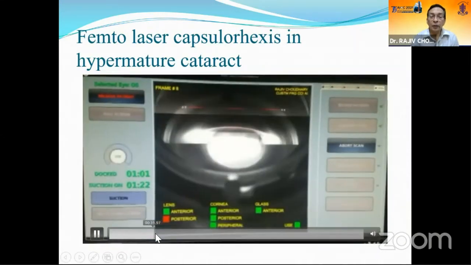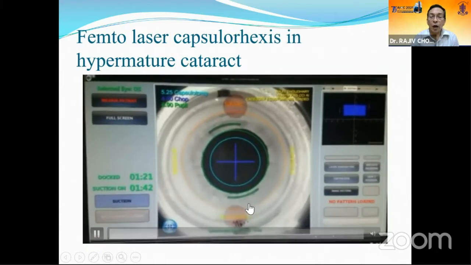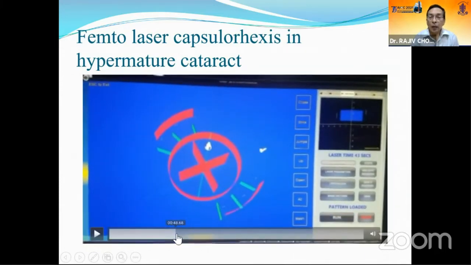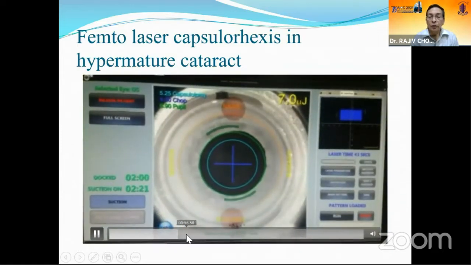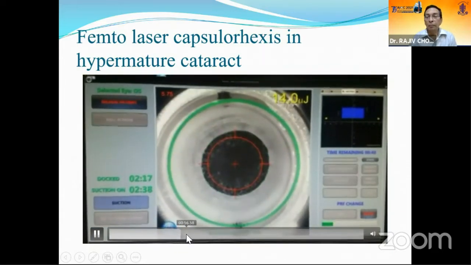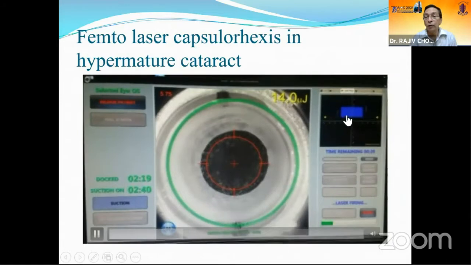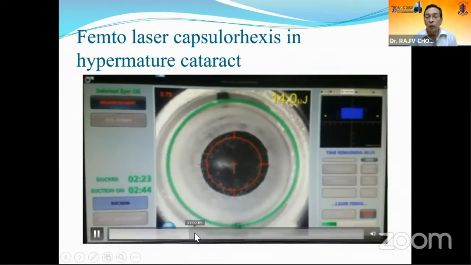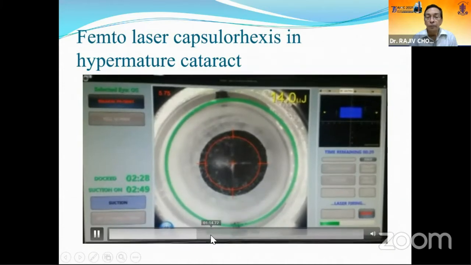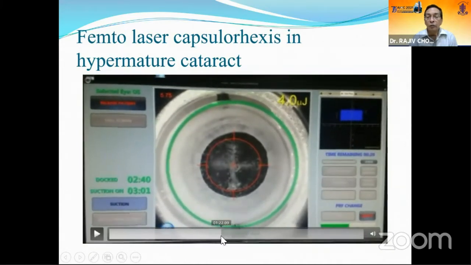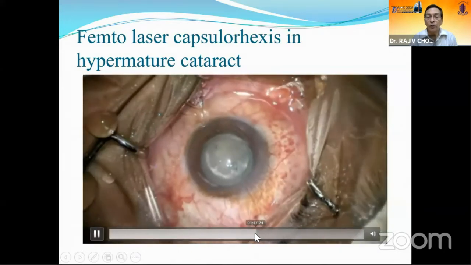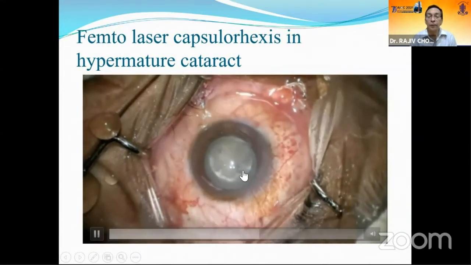You can see this is arcade also planning, 4 cruciate. We are just firing the machine. The machine will tell you that you are coming close to the anterior capsule. And these are the 4 cuts they are making because it's a hypermature cataract, which doesn't give a deep penetration.